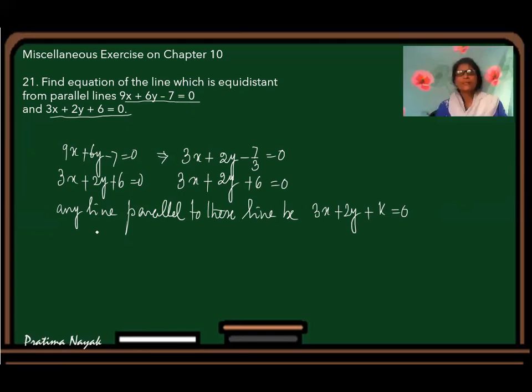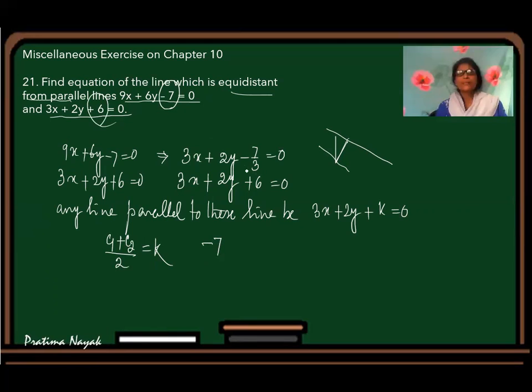Now to find the value of k, one line has minus 7 and one has 6. So we can get (C1 plus C2) by 2 as k, just the mid value of this, because it will be equidistant from two parallel lines. So (C1 plus C2) by 2 is equal to k. How much will it be? This is C1, this is C2.